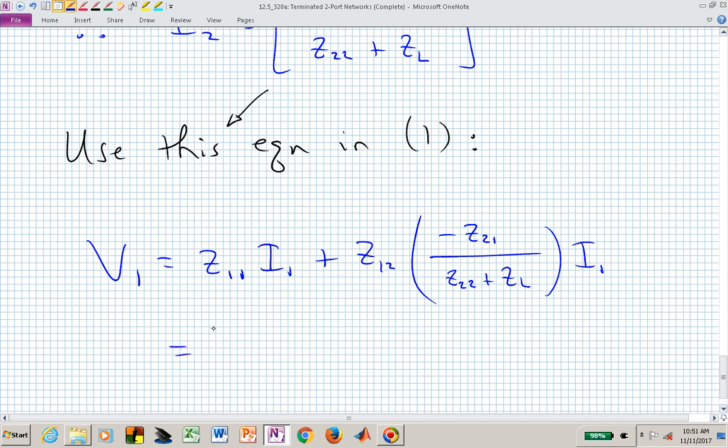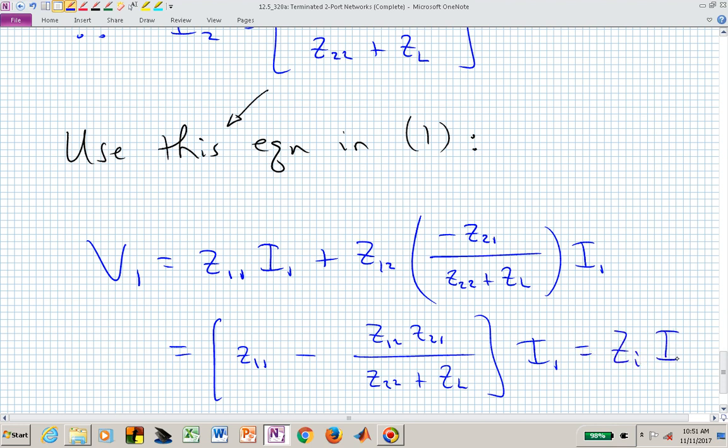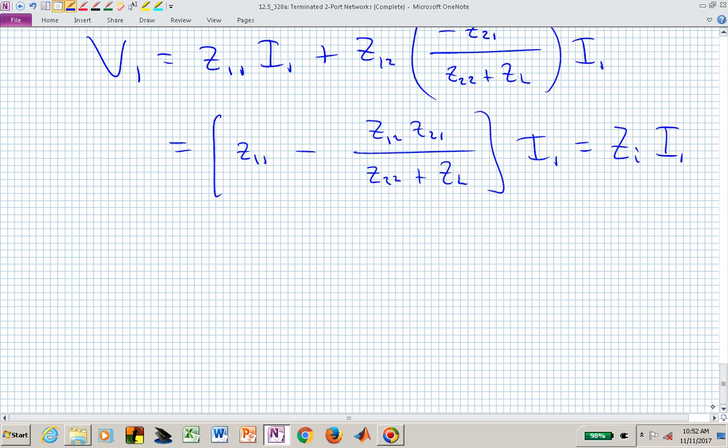And let's simply factor I sub 1 out of both of those pieces, and we have Z11 minus Z12 Z21 over Z22 plus Z sub L times I sub 1, and that really is just Z sub I times I sub 1. That's just our input impedance times I sub 1.